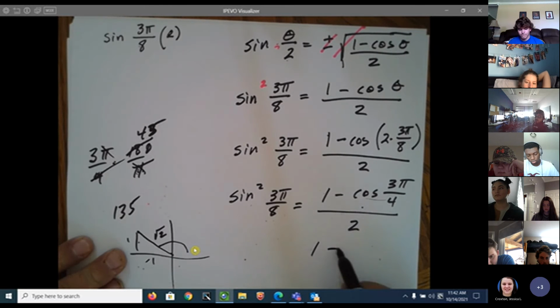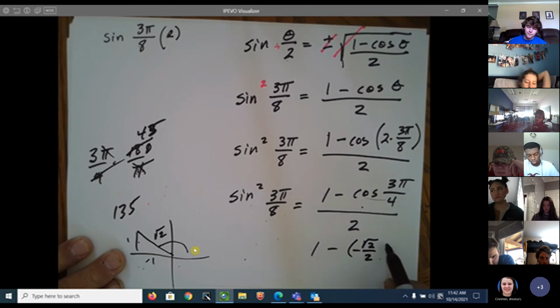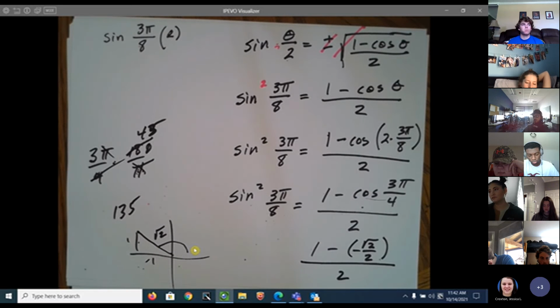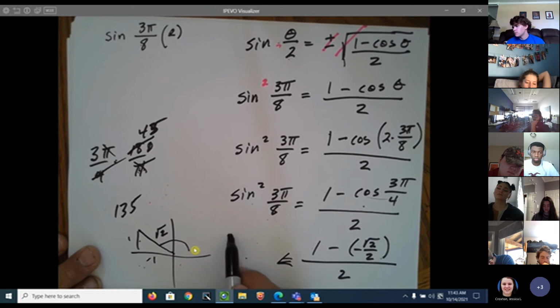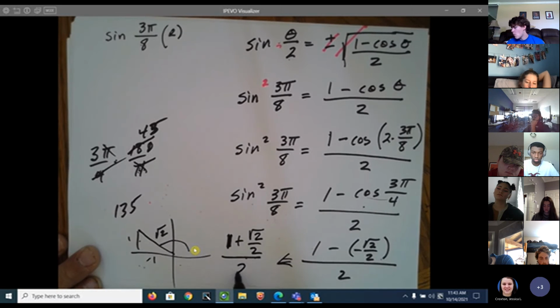So that's 1 minus negative square root of 2 over 2, over 2. And that's going to be 1 plus square root of 2 over 2, over 2.